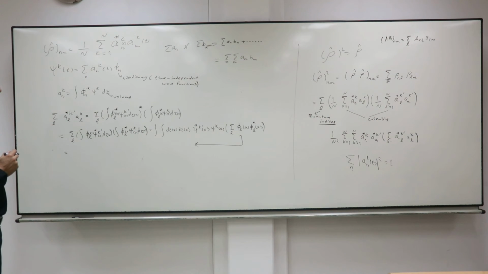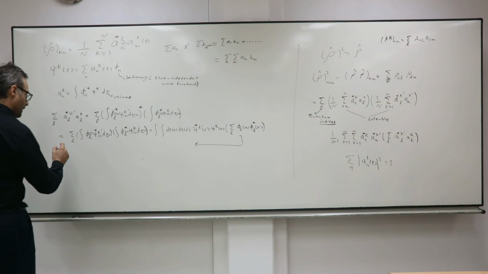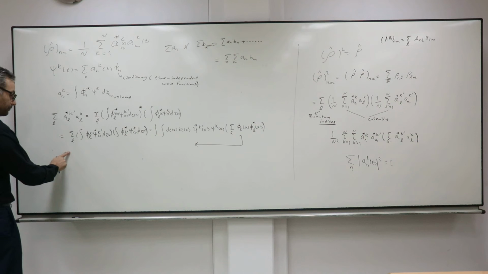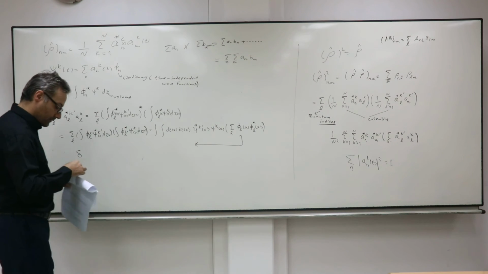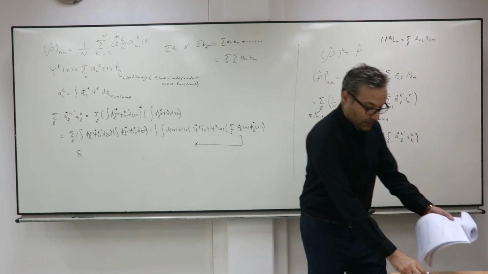How can I write the sum over L of phi_L(x) phi_L star(x prime)? We have a function, any function. Some things you need to know.